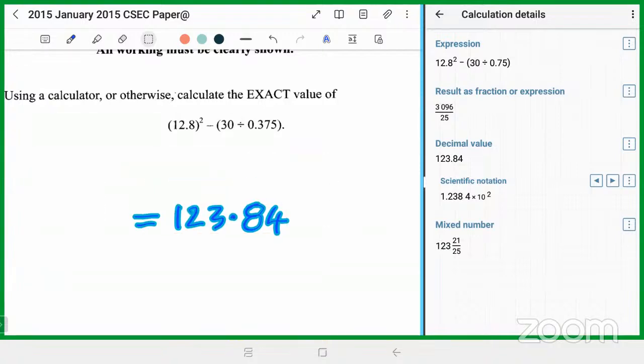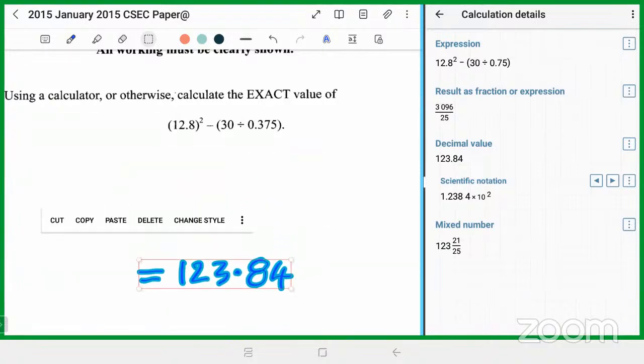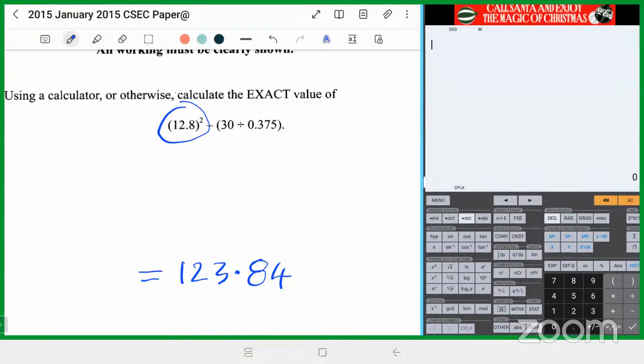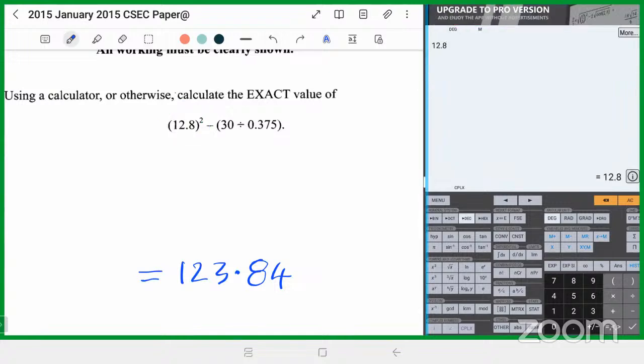That's the only reason. So I'm going to work out this part of it. I don't think it makes any sense, but it's 3 marks. So let me show some work. It's 12.5 squared. The exact value of that is 163.84.